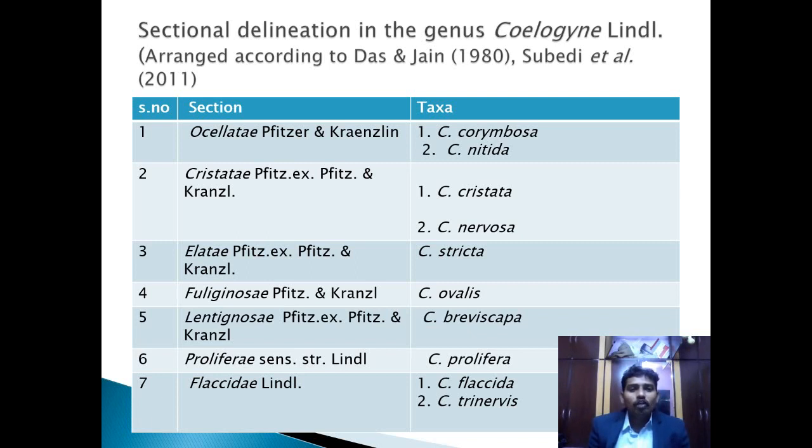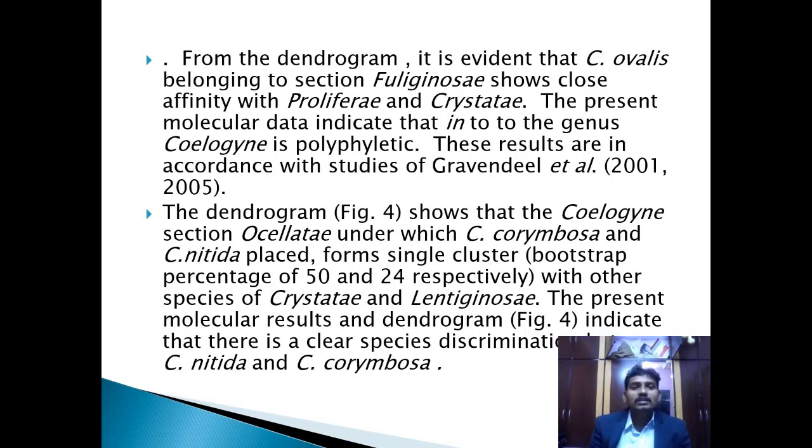Section Fuliginosae: Coelogyne ovalis. Section Lentiginosae: Coelogyne breviscapa. Section Proliferae: Coelogyne prolifera. Section Flaccidae: Coelogyne flaccida and Coelogyne trinervis. These are the sectional delineations.